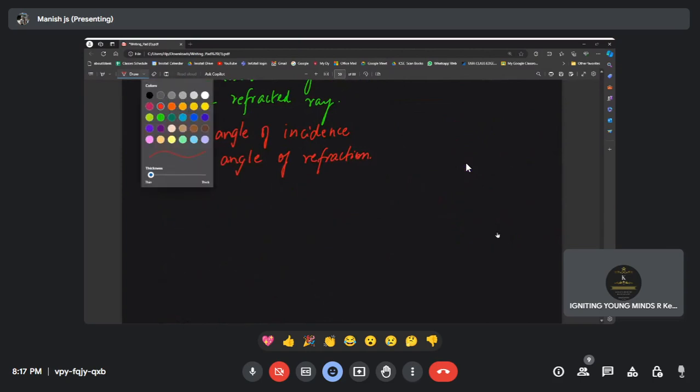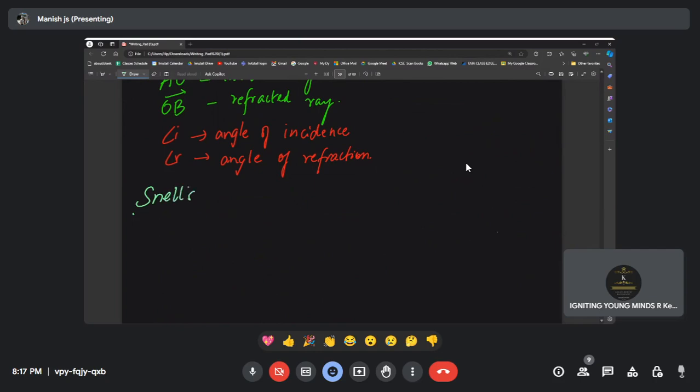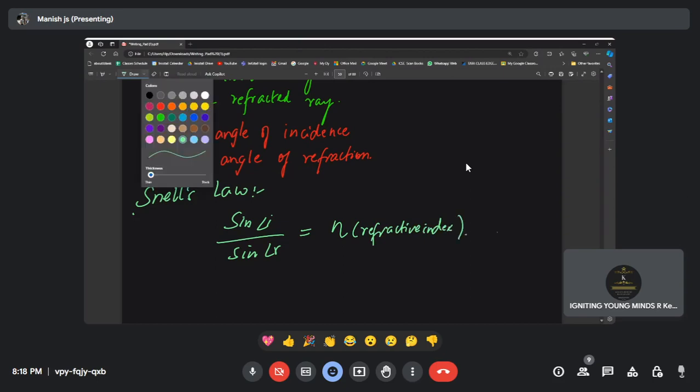We are trying to understand what is Snell's law of refraction. We have already looked at it in the animation video. It gives the relation between the angle of incidence and the angle of refraction, which tells you sine I upon sine R is equal to n, where n stands for refractive index. What do you mean by refractive index?